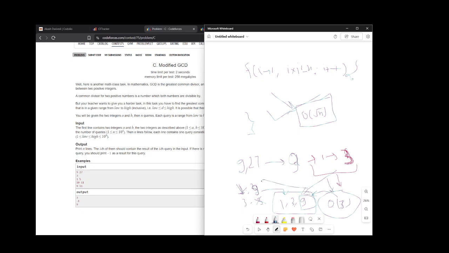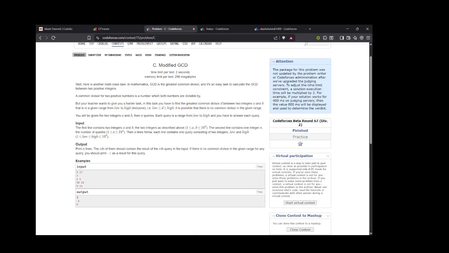We have calculated all the divisors that were possible, and here if we look at the range 1 to 5, the largest value in 1 to 5 is 3. So 3 is here, and we can see that 3 is our answer.